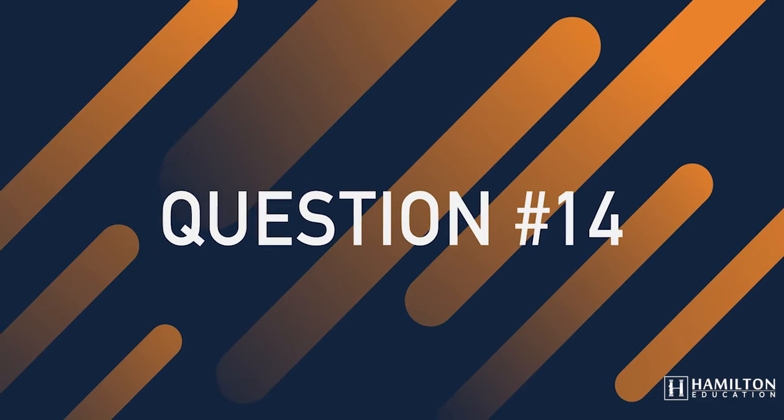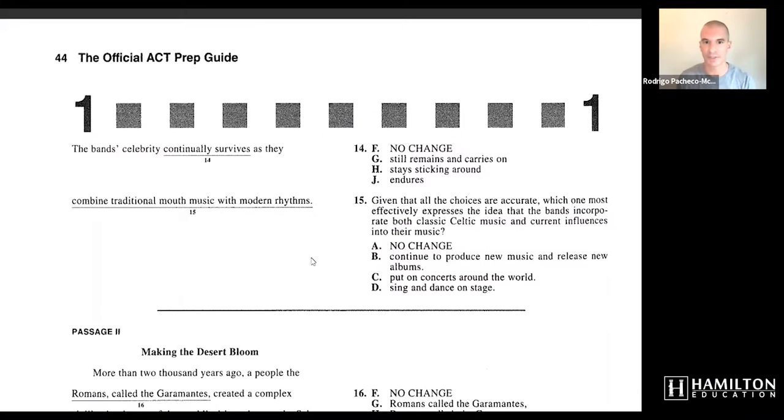Question 14 is a redundancy and concision question. If we look at our different answer choices here, we'll see that 3 of them are fairly redundant, and 1 is very concise. So the band's celebrity continually survives.